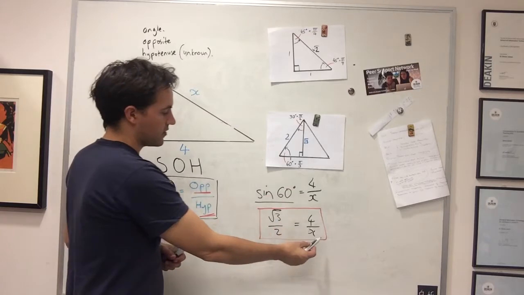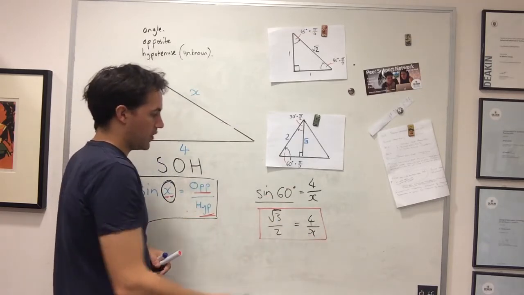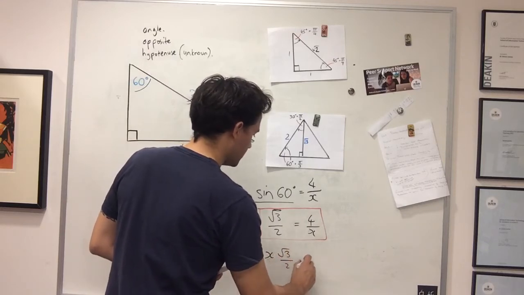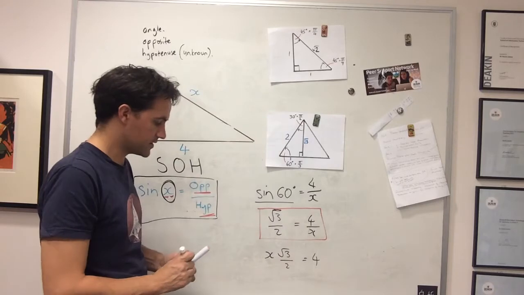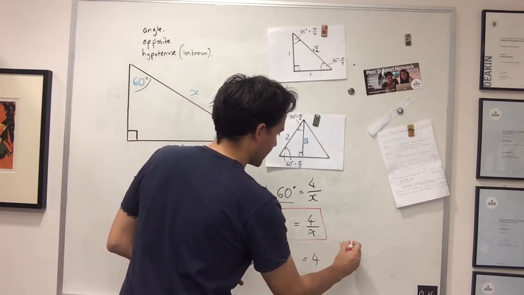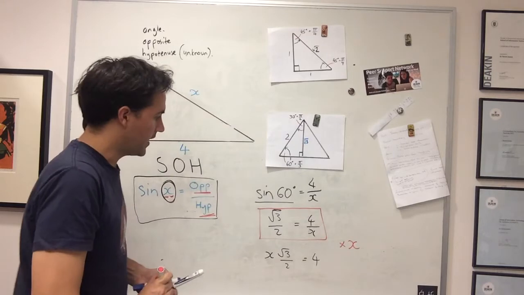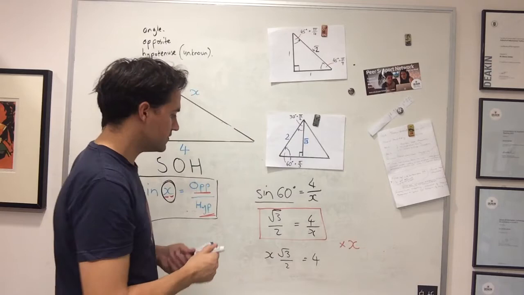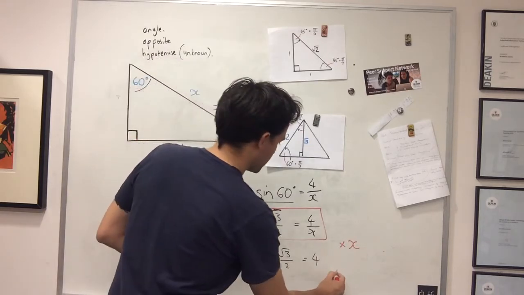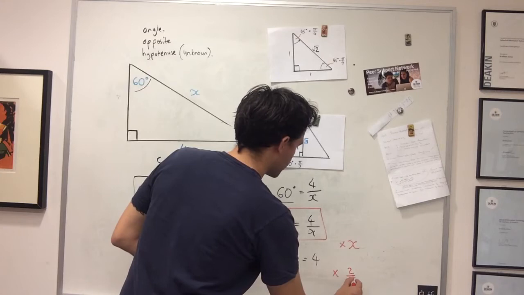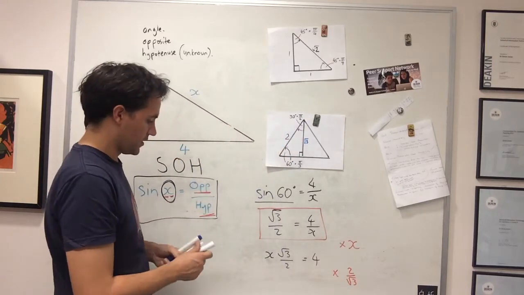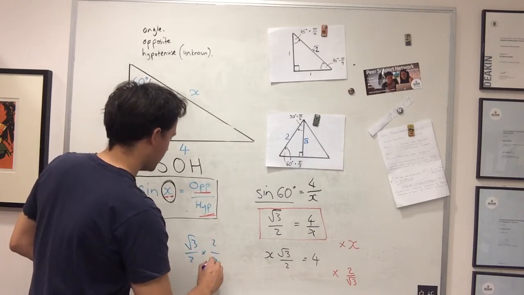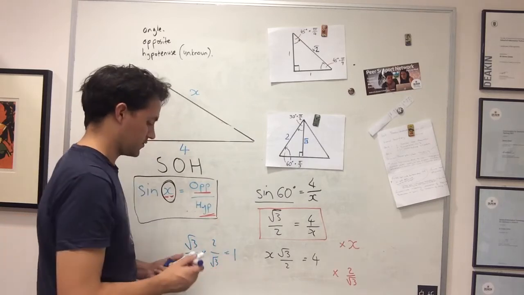And so solving this, remember we don't like x on the bottom, so we can multiply by x. So we get x times root 3 on 2 equals 4. That was just multiplying both sides by x. And then, in order to get rid of this root 3 on 2, we can multiply by the reciprocal. So that's going to be multiplying by 2 on root 3. Reciprocal just means the fraction upside down, because if you have root 3 on 2 times 2 on root 3, these terms just cancel out, it just equals 1.